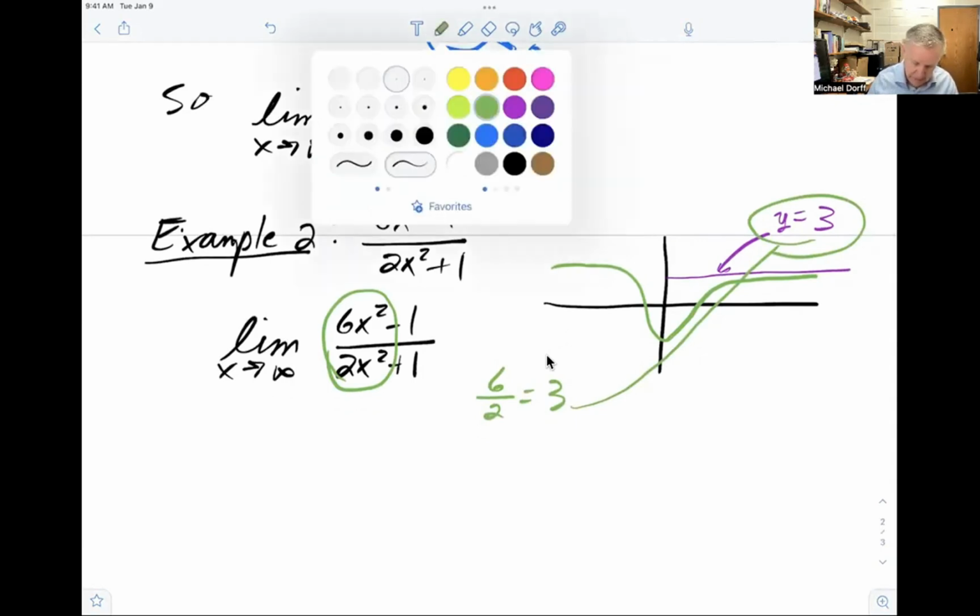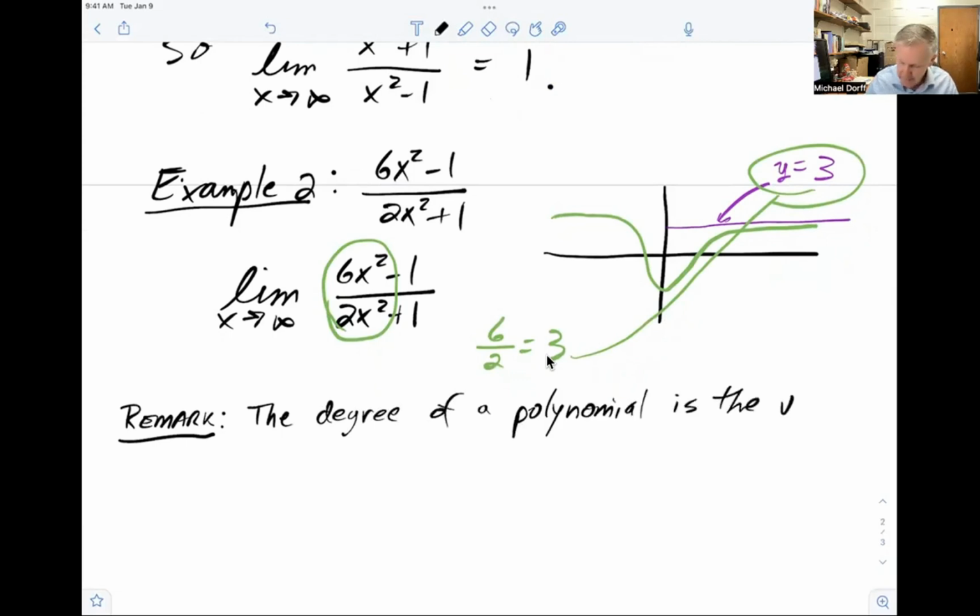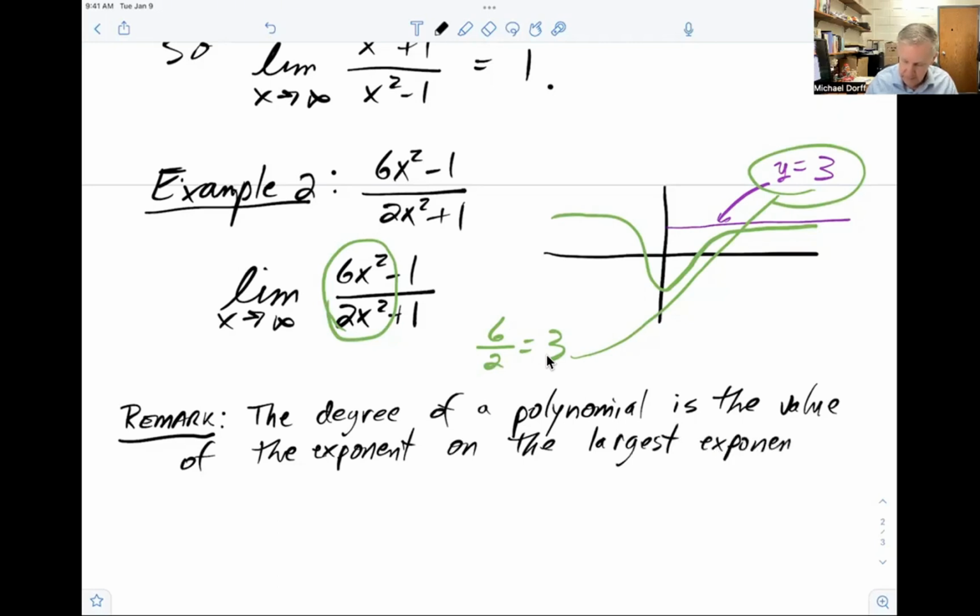Before I do result number 2, we have to talk about something here. So call this a remark here. If I have a polynomial, the degree of a polynomial is the value of the exponent on the largest term.